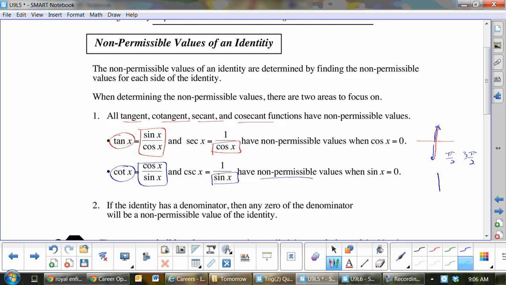Now, when does sine equal 0? When does sine equal 0, you guys? Anyone know? 0, pi, and 2 pi, right? So 0, pi, and 2 pi.